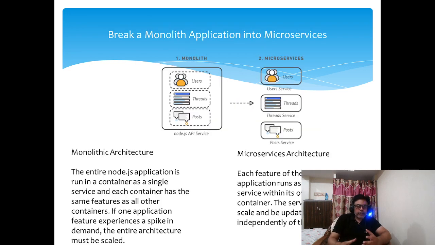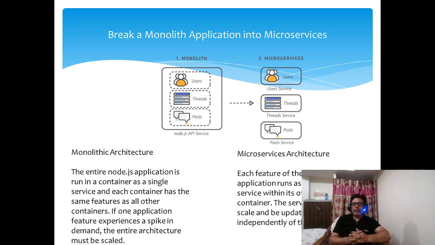Looking into the architecture of the application, with the monolith, we have the entire Node.js application running in a container as a single service, and each container has the same features as all other containers. So when you want to scale and we have a spike in demand, it becomes really challenging.